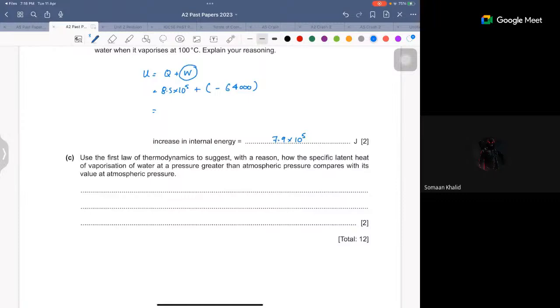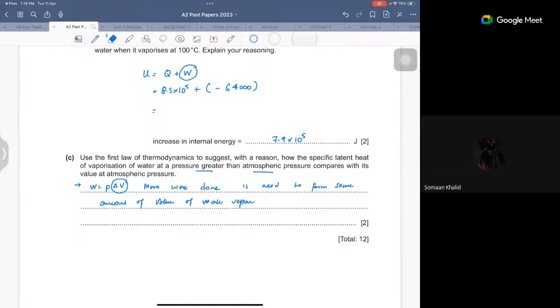If you have pressure greater than atmospheric pressure, then according to work done, W equals P times change in V, for the same volume to go into the atmosphere you need to do more work, right? Let's say more work done is needed to form the same amount of volume of water vapor.